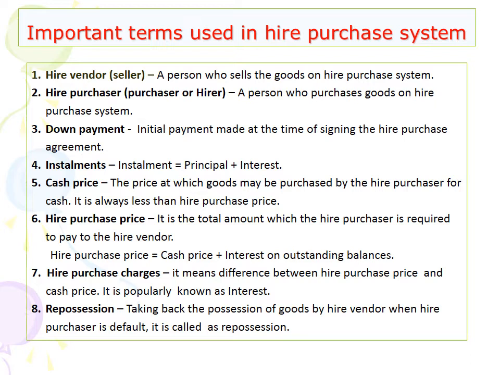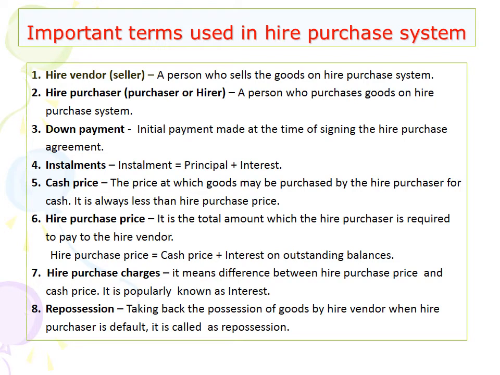Next important term is cash price. The cash price is nothing but the price at which goods may be purchased by the hire purchaser for cash, and it is always less than hire purchase price.